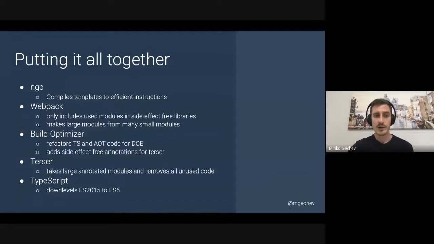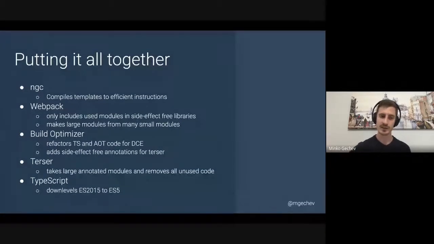Well, that was pretty much the entire build pipeline. Just a very quick recap. So first, we go with ngc and the TypeScript compiler to translate your templates to Ivy instructions, and right after that, down-level them to JavaScript. Webpack takes this JavaScript, it puts it into the same namespace by dealing with name collisions.